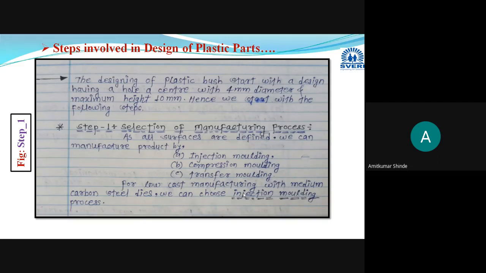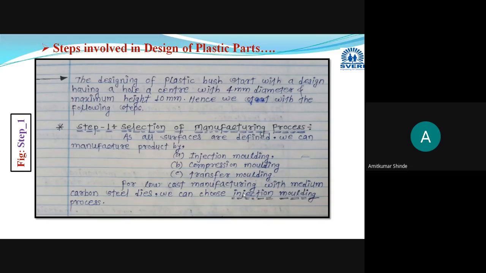Then the next, note this down. You can note it down as step one, selection of the manufacturing process. And here you can write that three methods can be used, as you can see in this slide.